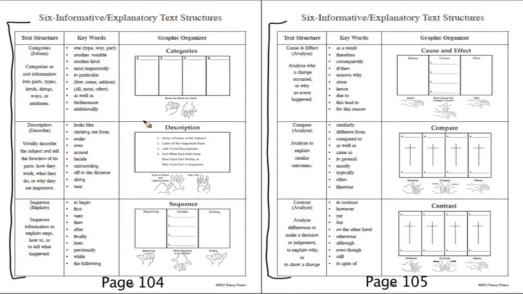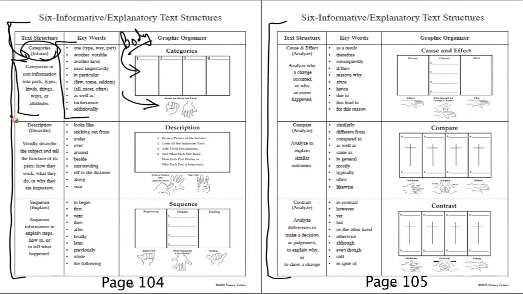Here you will find the first 2 pages of our organizational tool. Notice you will see that it will give you a definition. Like here we have the text structure, categories, and it gives you a definition. It gives you keywords that you would find many times when you're using a category organizer. Then it shows you the body of that organizer and the quick hand sign.